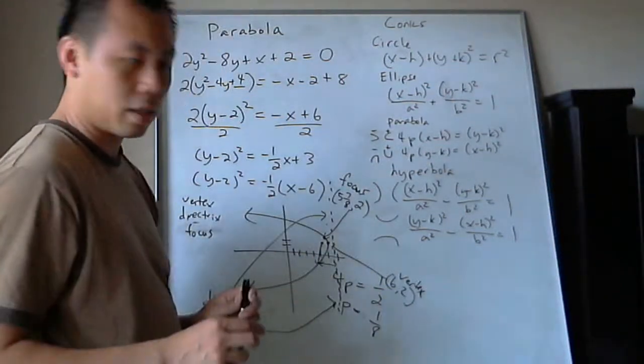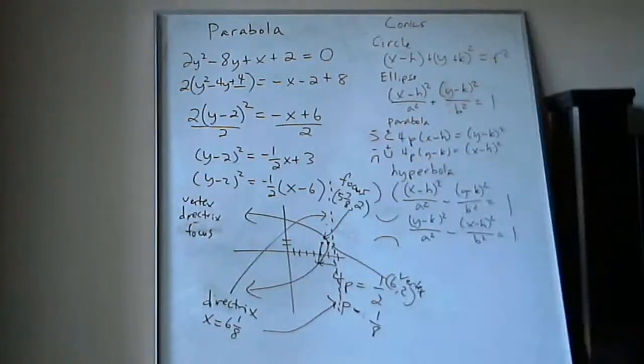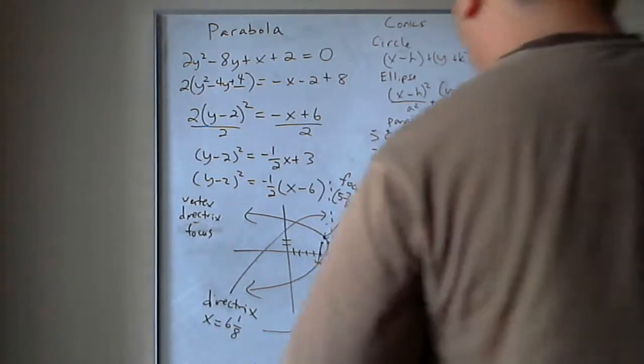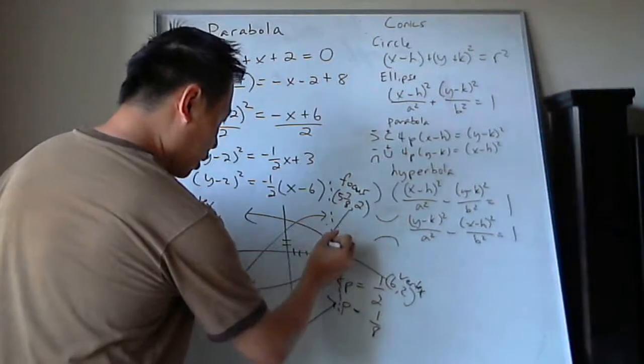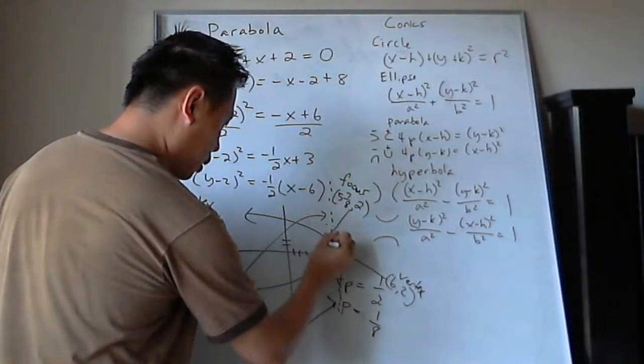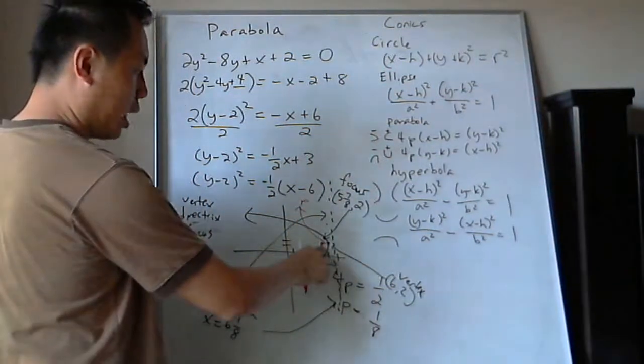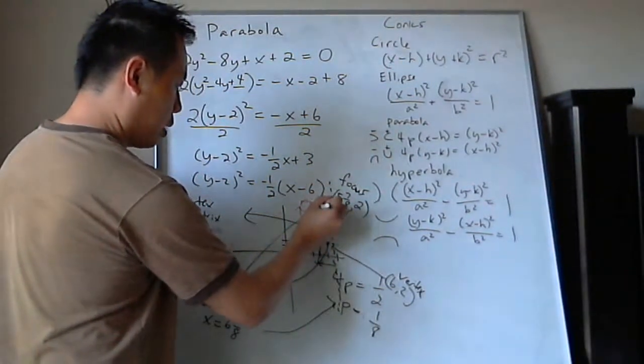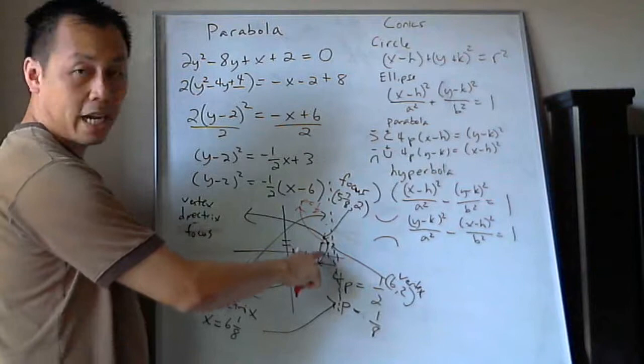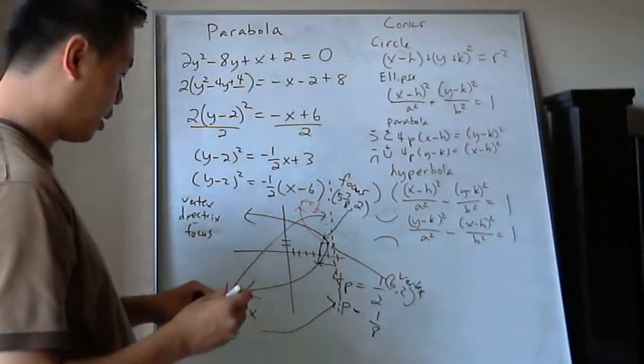Okay, I should use a different color marker. Maybe a little easier to see. So this distance here is P, the 1/8. Okay, so that's one way you can find out how far it is from the vertex.